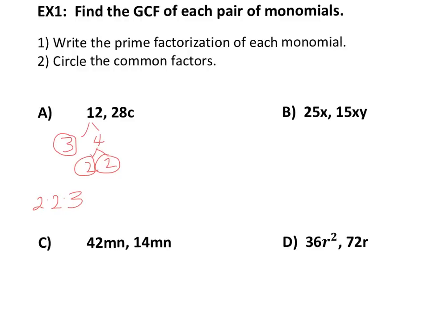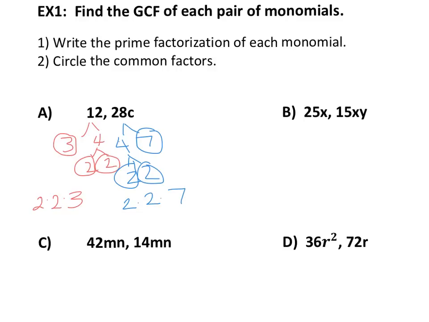Now let's do the prime factorization of 28. Factors of 28 are 4 and 7. 7 is a prime number, but 4 is not, so we can factor that to 2 and 2. So now we have 2 times 2 times 7.